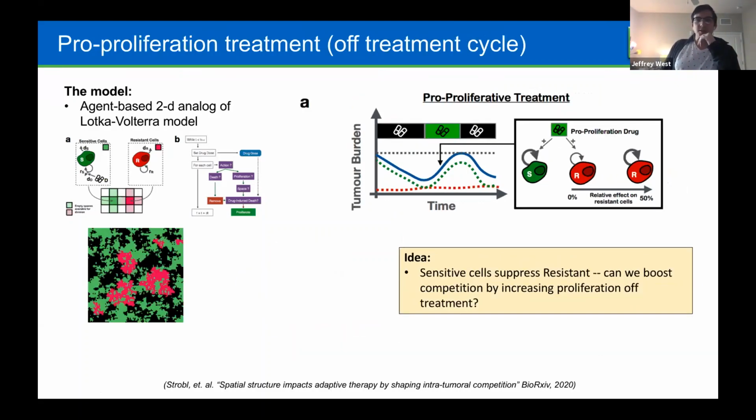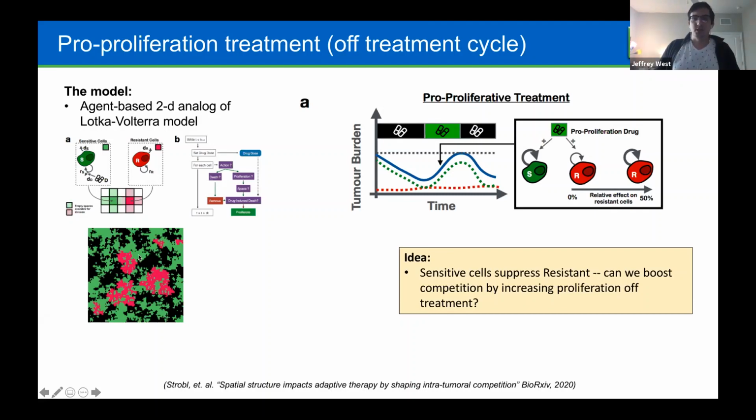The second idea in that paper is pro-proliferation on the off-treatment periods. So this might sound counterintuitive at first glance, but what we want to do is kill the tumor adaptively, and then on the off treatments, try to give a pro-proliferation treatment. And the idea here is to increase the protective shell of sensitive cells around those red resistant cells here in order to increase the competition of resistant cells.